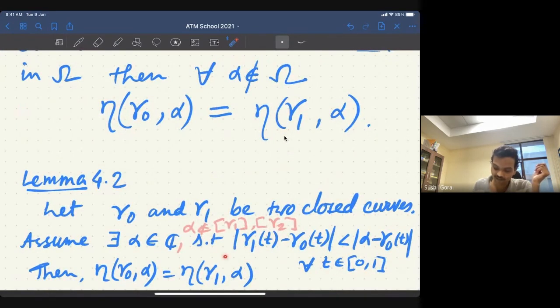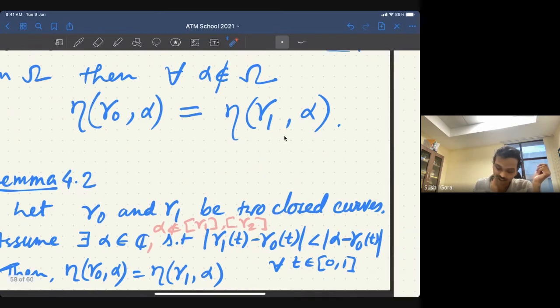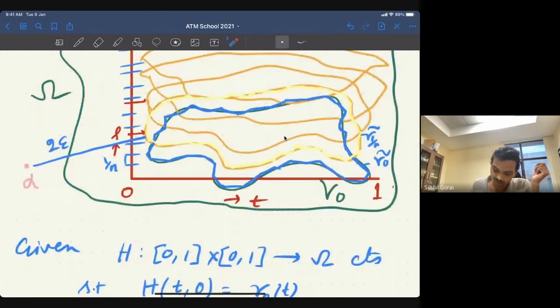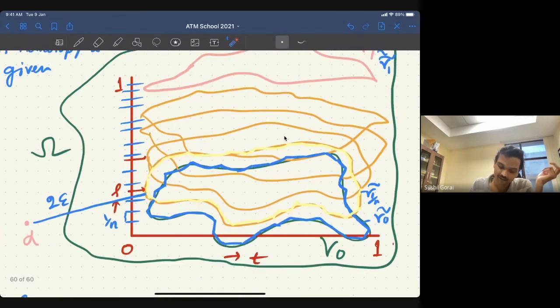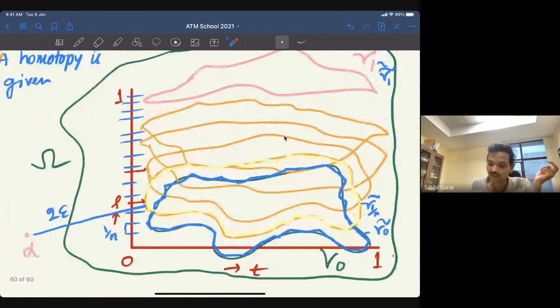At each step you need to satisfy this property, and from gamma naught go to gamma 1 tilde, so that the winding number of gamma 1 over n tilde with respect to alpha is the same as that of gamma naught tilde with respect to alpha, and go on. This way you can move on until gamma 1 tilde.